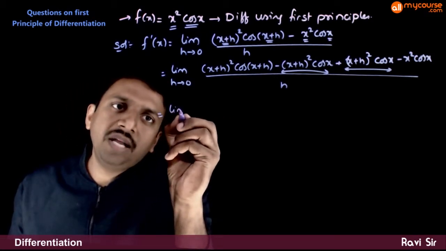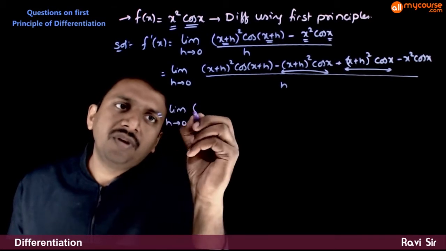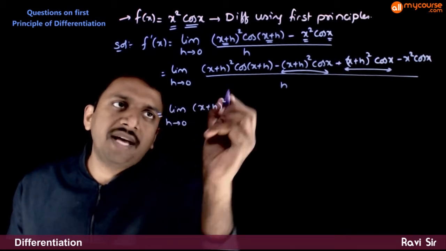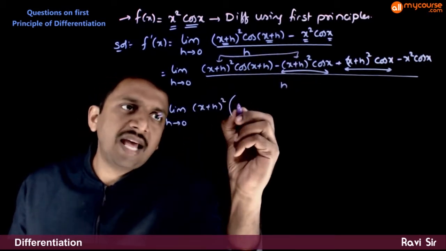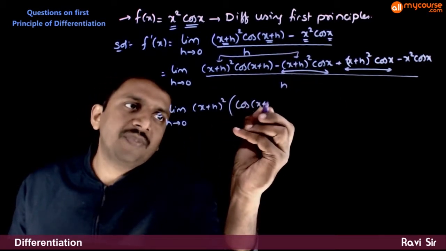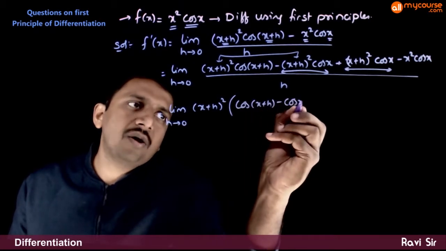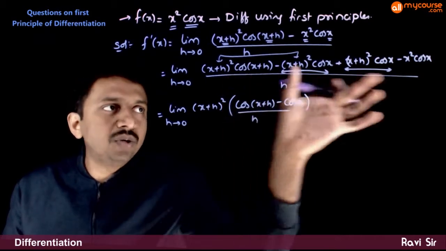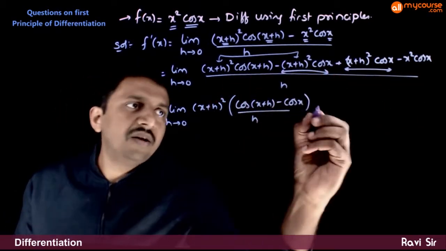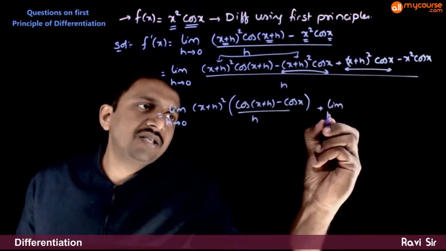That is equal to limit h tends to 0, (x plus h) whole square, in the first two terms (x plus h) whole square is common, times cos of (x plus h) minus cos x by h. I am separating the first two terms and the next two terms, plus limit h tends to 0.